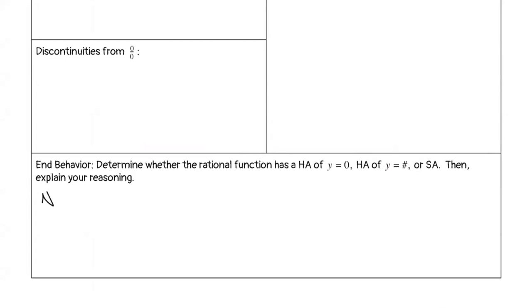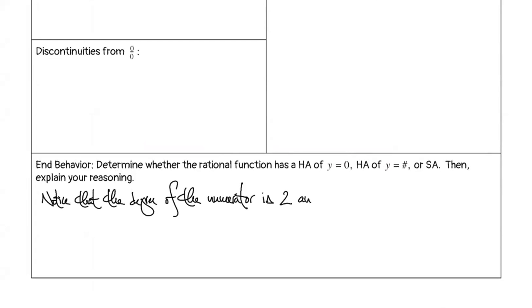We could say, notice that the degree of the numerator is 2, and the degree of the denominator is 3.